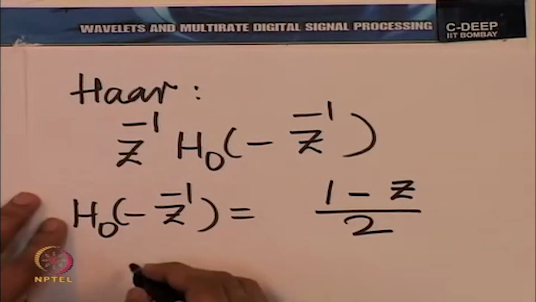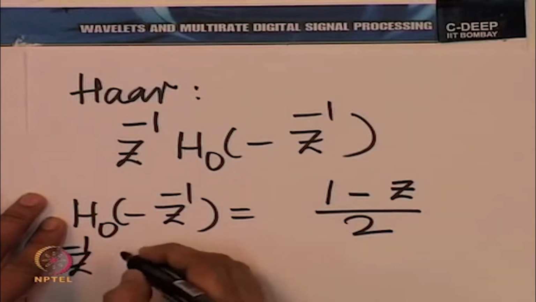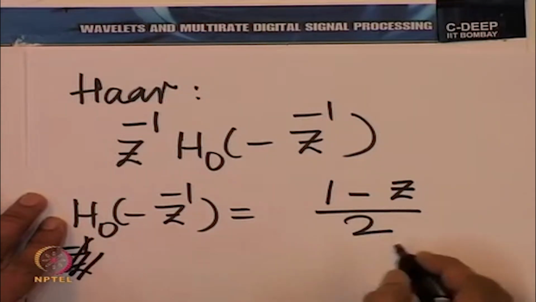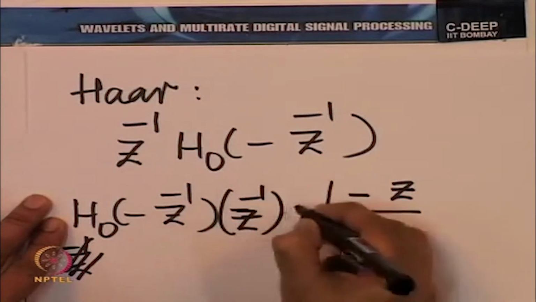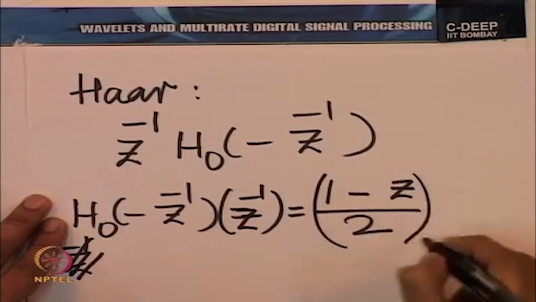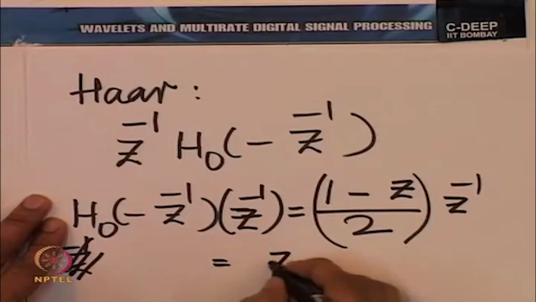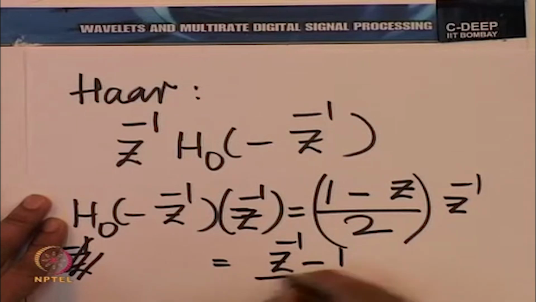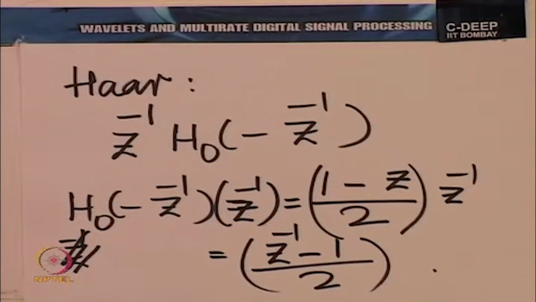And then if I multiply both sides by z inverse, I have essentially z inverse minus 1 by 2. So, we are doing well.